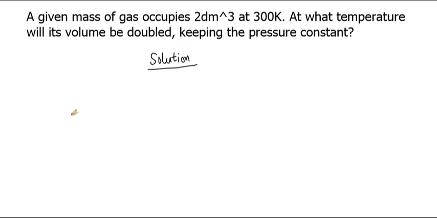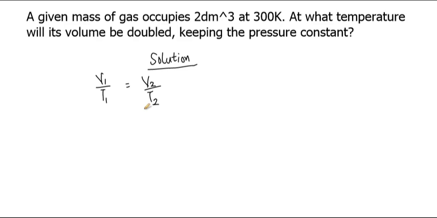So since that's the condition in the question, a constant pressure, this makes Charles' law suitable in attempting this question. For Charles' law, we have the equation V1 over T1 equals V2 over T2.